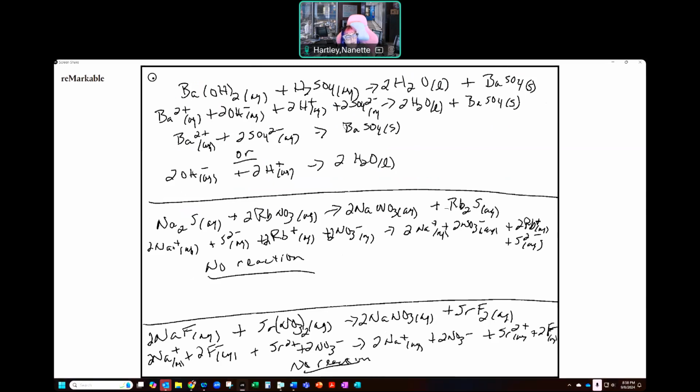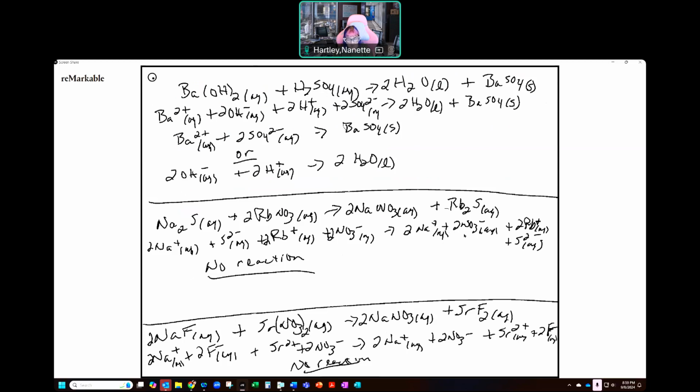Okay. The next equation, we have sodium sulfide, Na2S aqueous, plus 2 RbNO3, so rubidium nitrate, aqueous, going to 2 NaNO3, sodium nitrate, plus Rb2S, which is rubidium sulfide. That gives me 2 Na plus, S 2 minus, plus 2 Rb plus, 2 NO3 minus, going to 2 Na plus, 2 NO3 minus.